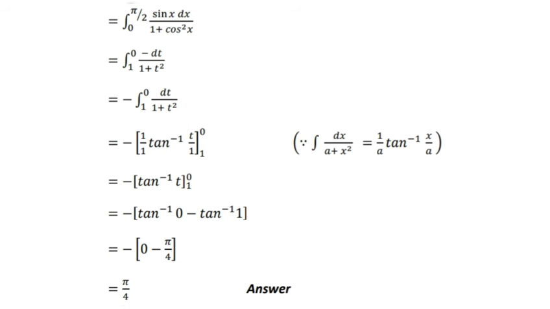So the limits from 0 to pi by 2 will be changed to 1 to 0, and sine x dx will be changed to minus dt, and 1 plus cos square x will be changed to 1 plus t square, because we have already put cos x equal to t.